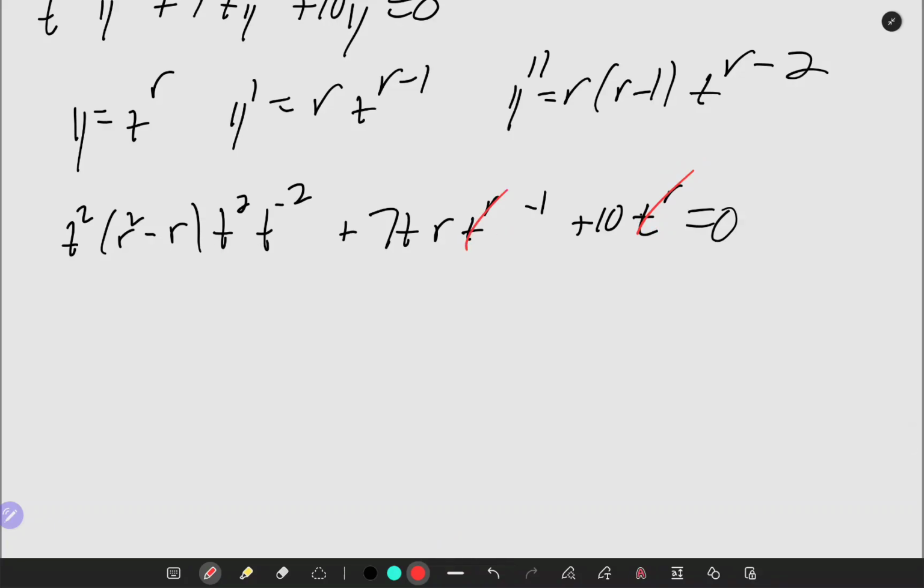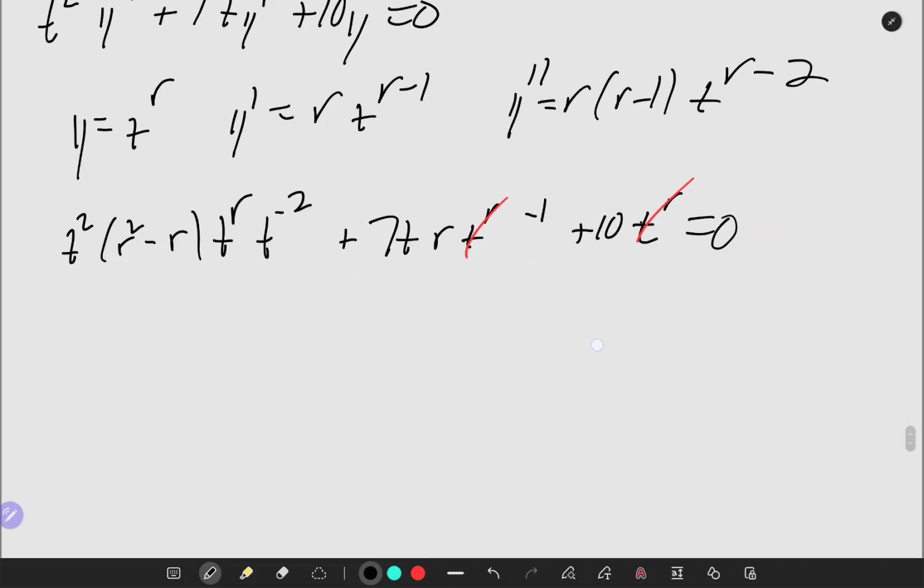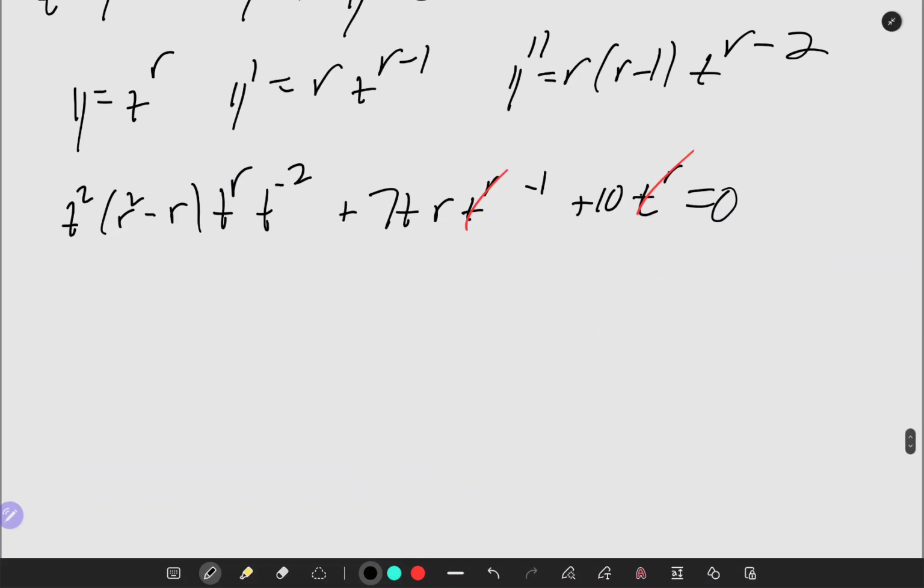Where's my t to the r? This is supposed to be an r. This is how you know I'm tired. Okay, so this also cancels with this. This should be a t here. This also cancels with this.